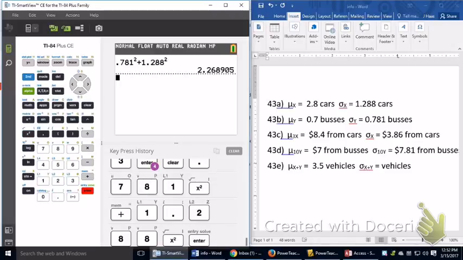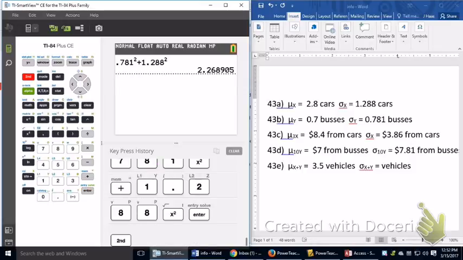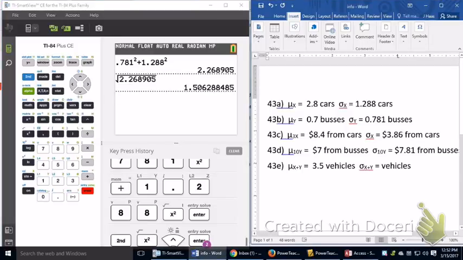Squaring that gives you a total of 2.26. And then to get that back in the proper units out of variance and into standard deviation, I can just take the square root of that answer. And so your answer there would be that your standard deviation is 1.506 vehicles.